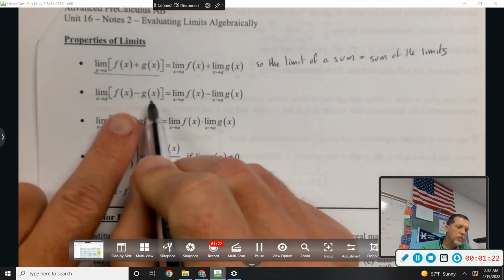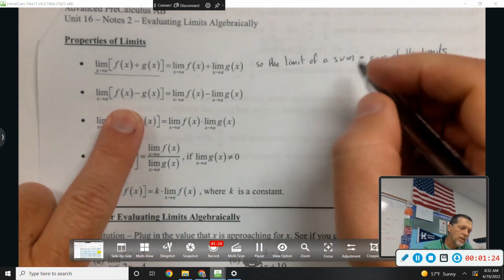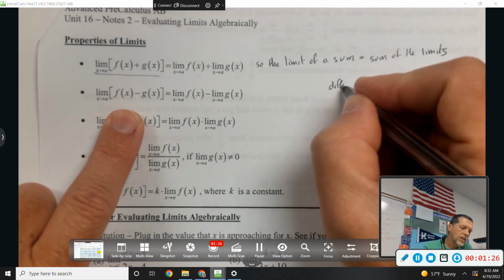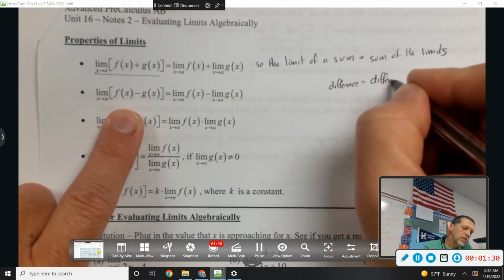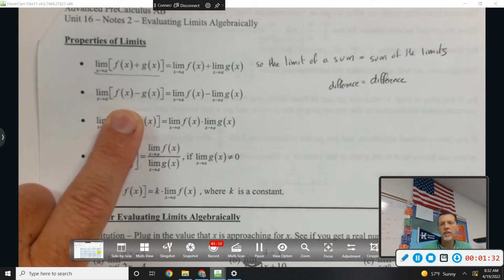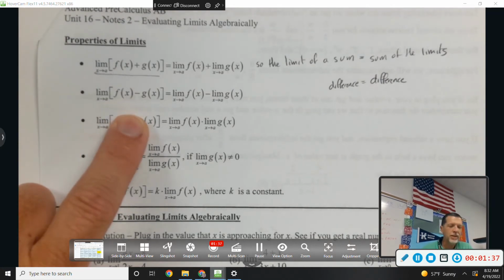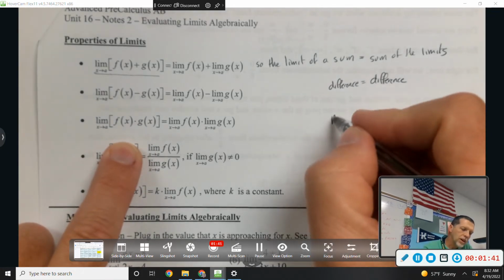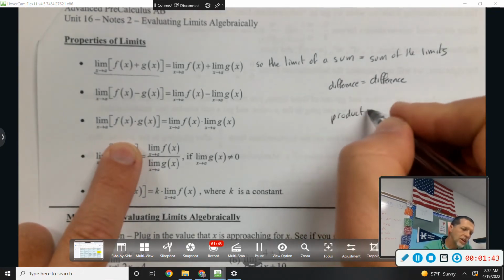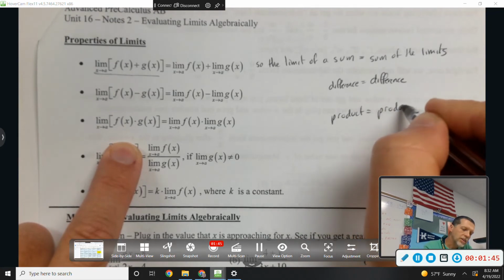The same thing with the difference. The limit of a difference equals the difference of the limits. That's how you think it should work. So this isn't really a big deal. Like it works like you think it should work. The limit of a product is the product of the limits.